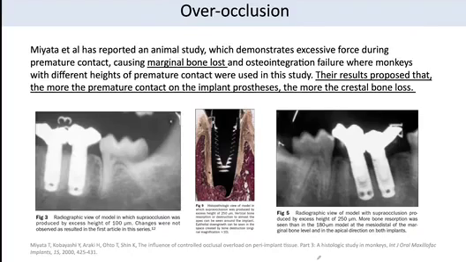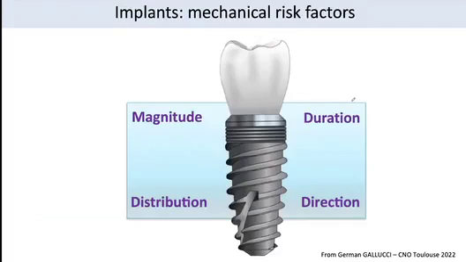And from this paper from Miyata and others, the results propose that the more the premature contact on the implant prosthesis, the more the crestal bone loss. So everybody is okay to avoid over-occlusion. No problem.